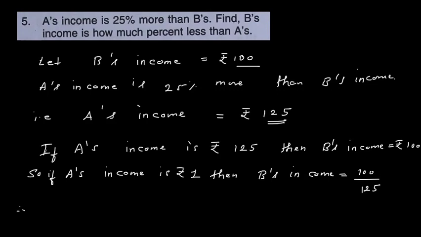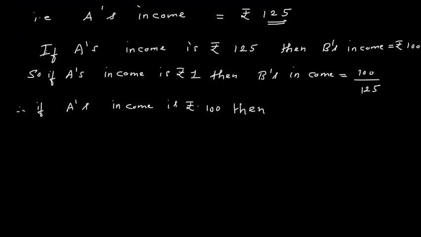Therefore, if A's income is rupees 100, then B's income will be 100 divided by 125 multiplied by 100.